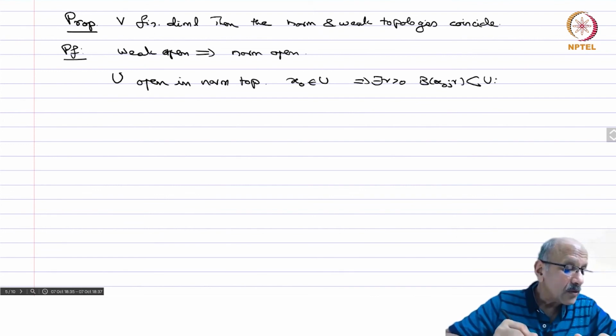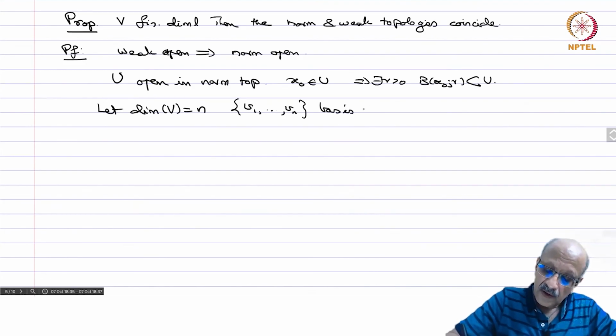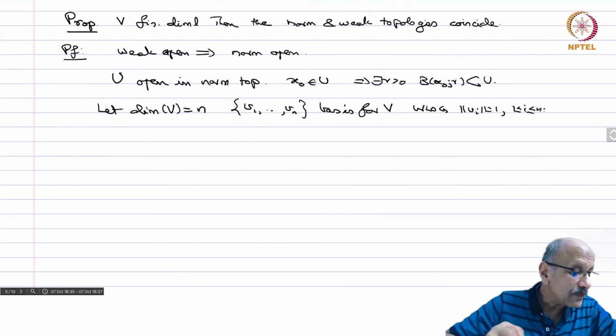Okay. So let us assume the dimension of V is equal to n, and v1 to vn is a basis for V, and without loss of generality we can assume norm of vi equals 1 for all 1 less than or equal to i less than or equal to n. Okay.